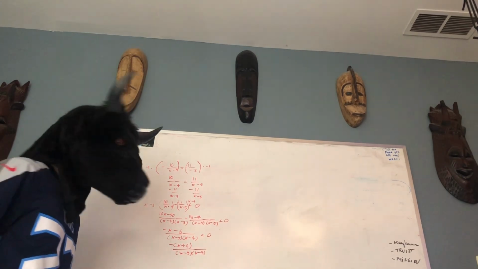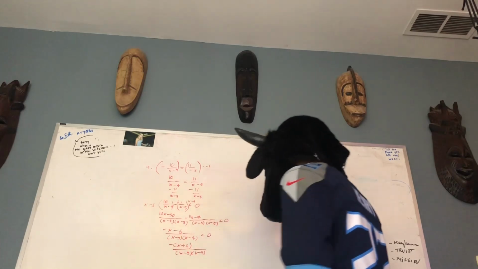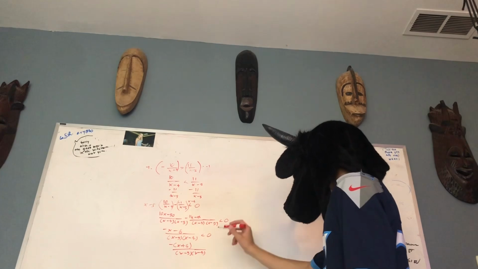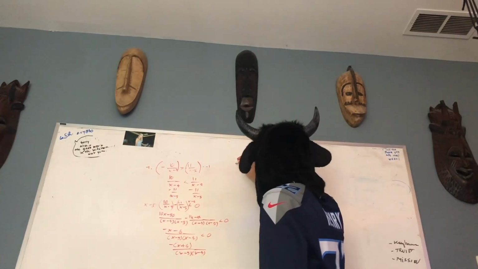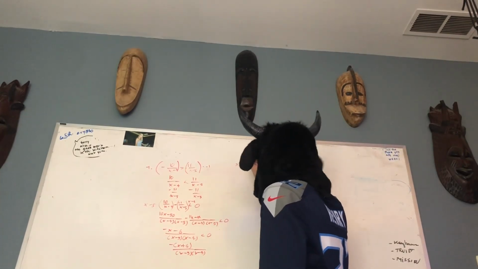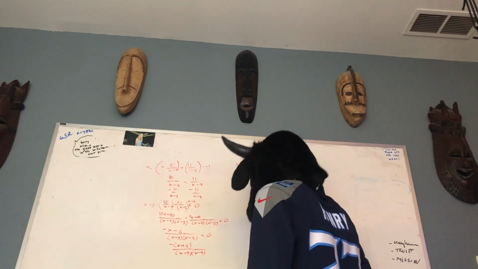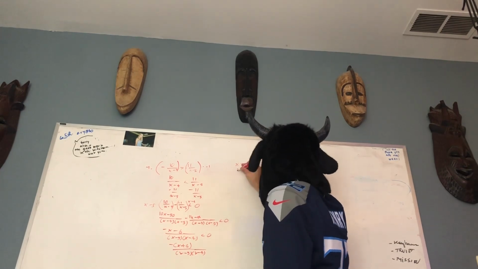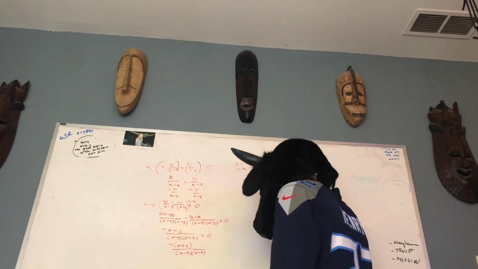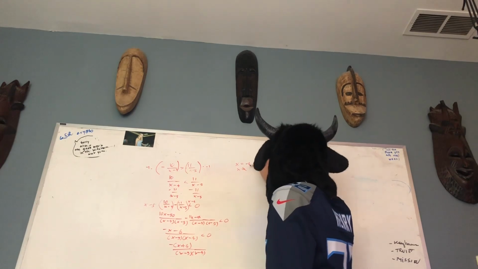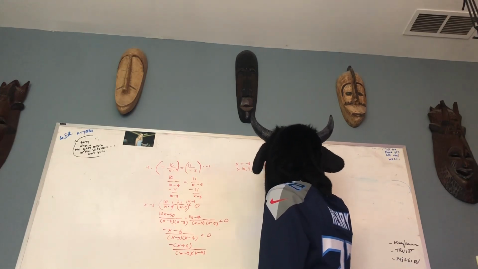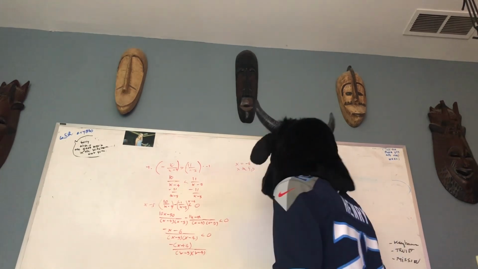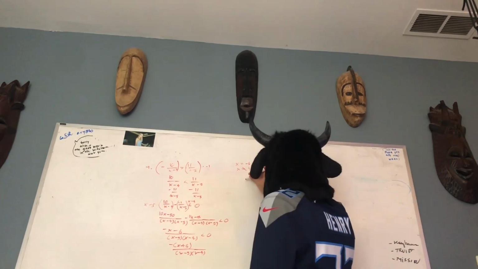Alright, so for step 2, we need to determine our critical points, which now that we've solved it out, we can do. Our critical point from the numerator is x is 6, and from the denominator, x cannot be 4 or 5. Alright, now that we have these critical points and we have everything on one side, we go to our last step, which is a sign chart.